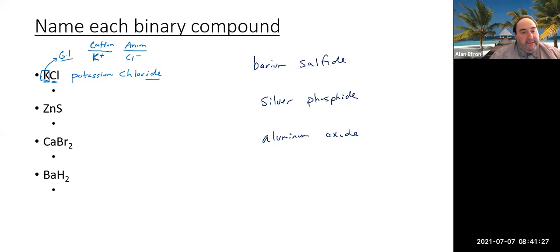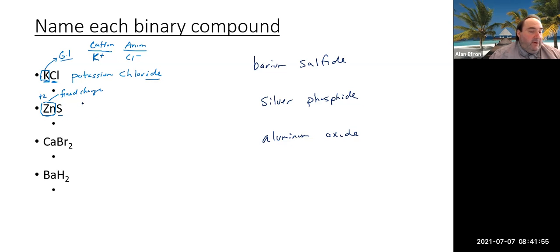Looking down here, we see ZnS. So Zn, which is a metal, S, which is a non-metal there. Here, zinc is the important one to look at. It does not come from group 1, group 2, or group 3, but zinc is one of those guys in the transition metal region that also have a fixed charge. And by the way, its fixed charge is +2.